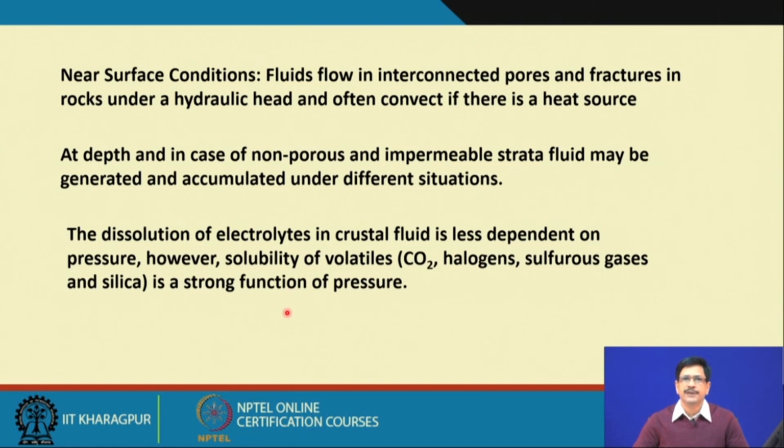The dissolution of electrolytes in crustal fluids is less dependent on pressure. However, the solubility of some important gaseous species, volatiles like carbon dioxide, and the halogen species chlorine and fluorine, sulfurous species like sulfur dioxide and H2S, which play a very important role in controlling solubility, metal transport and deposition phenomena, as we saw through some simple examples, will have some consequences on the variation of pressure within the fluid.